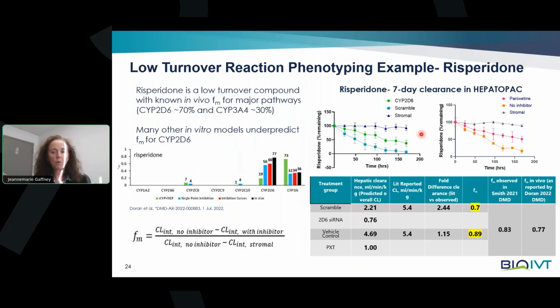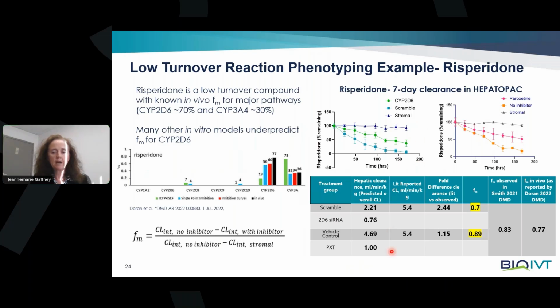In both cases where we're inhibiting either by siRNA knockdown or by chemical inhibition, you can see there is a suppression in the parent depletion by the green line here or the pink line here. We did also include stromal controls in the study for both of these comparisons to show that there is no contribution from the stromal cells in this assay.